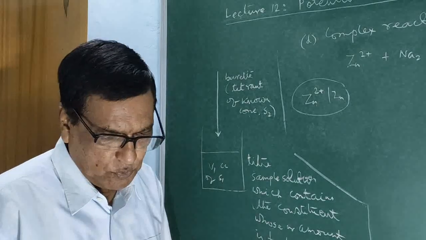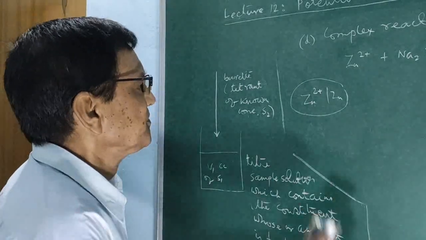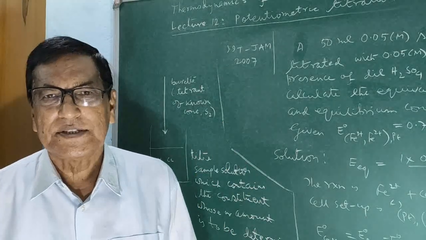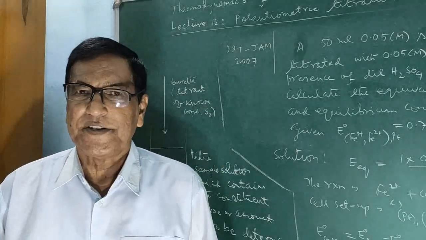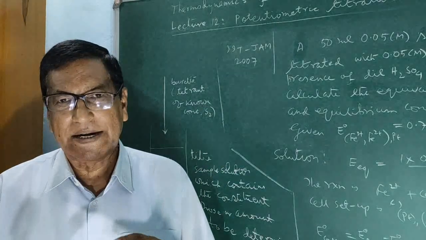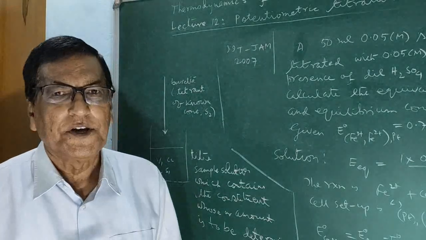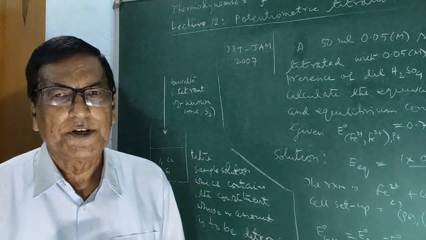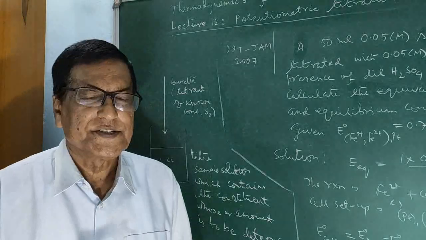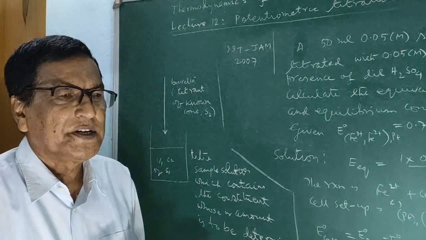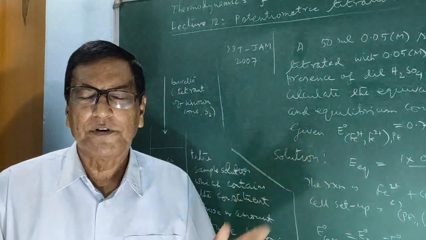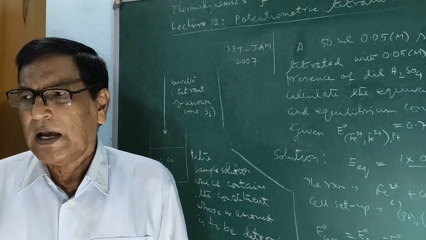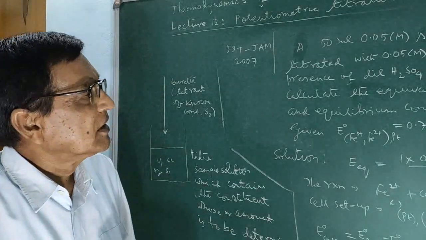Now I shall give you one problem. It is to be remembered that while drawing the curve for potentiometric titrations, the data points at the end point or equivalence point are very important to get a very accurate end point. Unlike in conductometric titrations, where data points away from the end point are important, this is another thing to be noted.